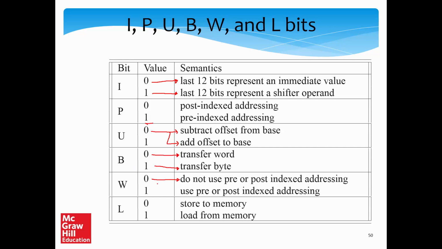And if the W bit is 1, it means use pre and post indexed addressing. Lastly, how do we differentiate between a load and a store? That's very simple. L can be thought of as the load bit. If the bit is 0, we store to memory, and if the bit is 1, we load from memory.